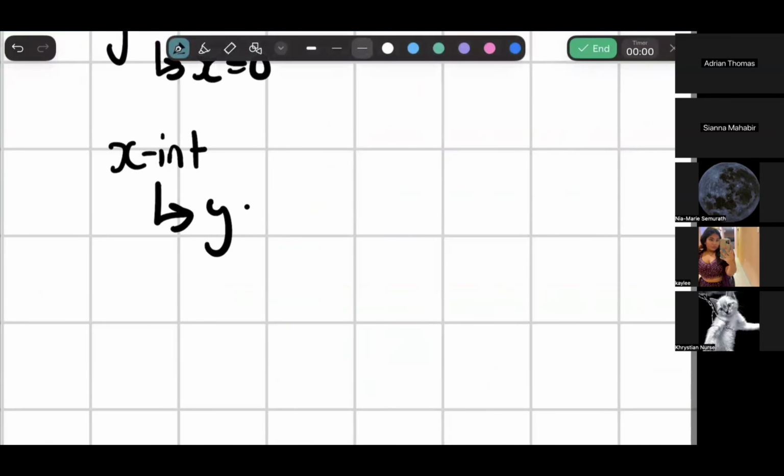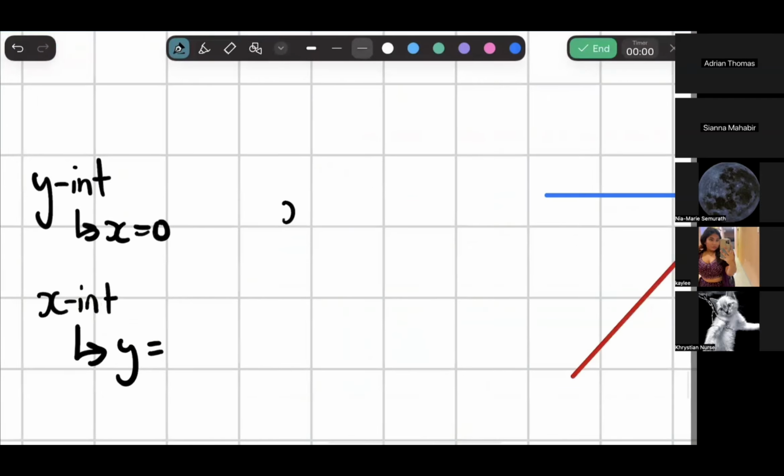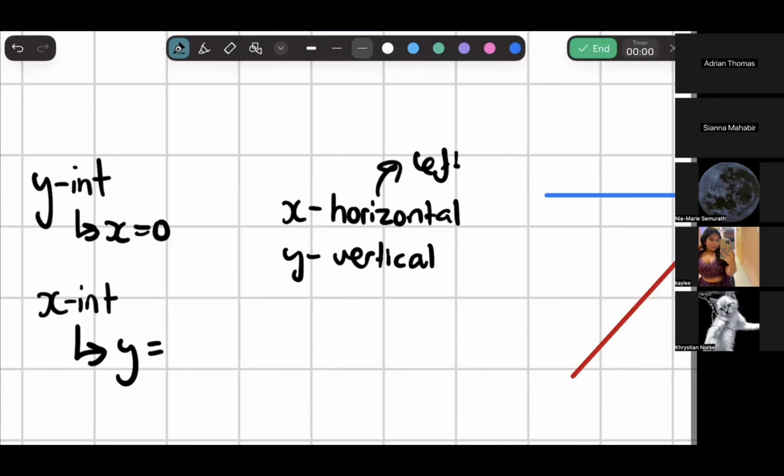So that means the y value is what? Remember, the y value is up or down. So I'll make a note of it for you here. Think of x as horizontal and y as vertical. Horizontal just means left or right, and vertical just means up or down.